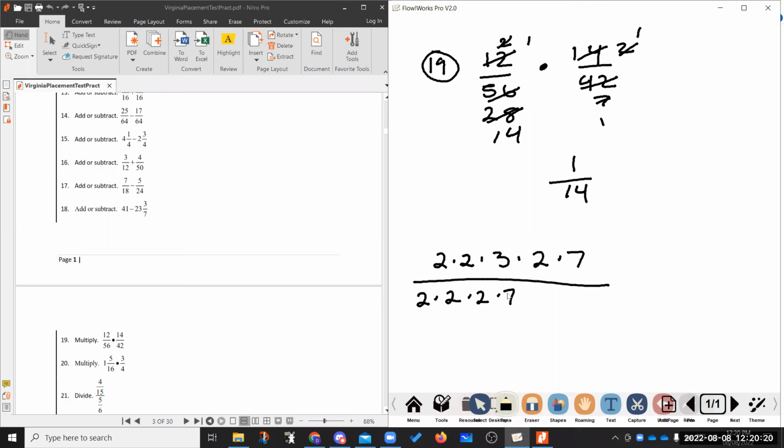And then 42 is going to be 2 times 3 times 7.